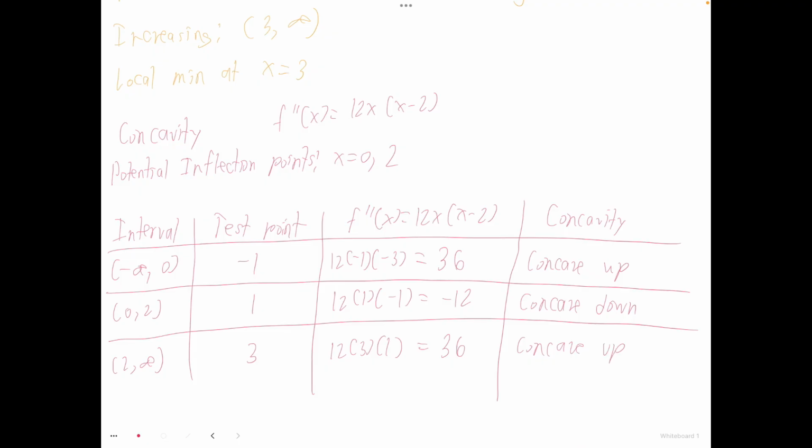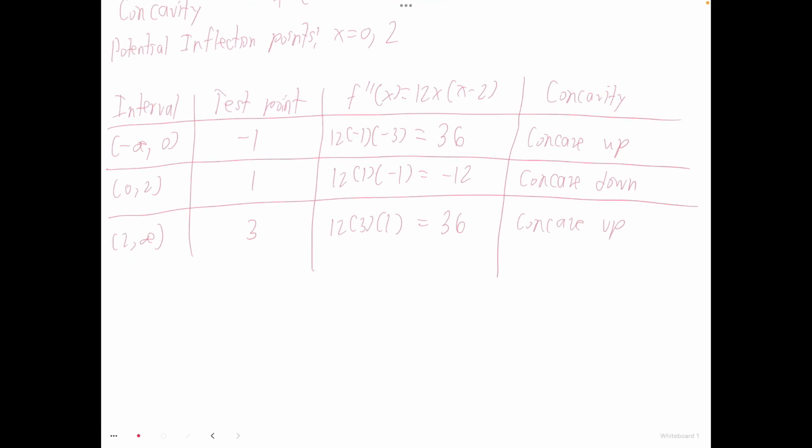So we see that we're concave up on negative infinity to 0 and 2 to infinity, and concave down on 0 to 2. So let's write that down. We're concave up on negative infinity to 0 union 2 to infinity, and concave down on 0 to 2.